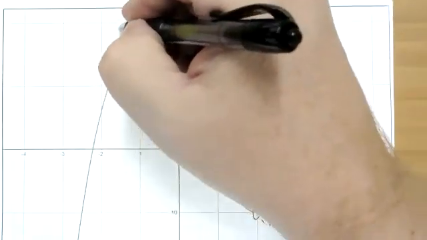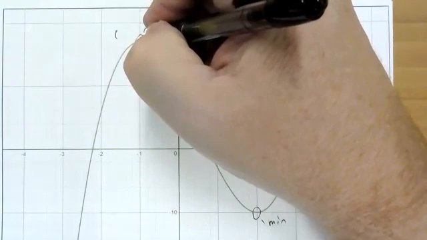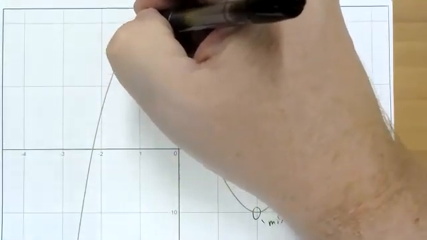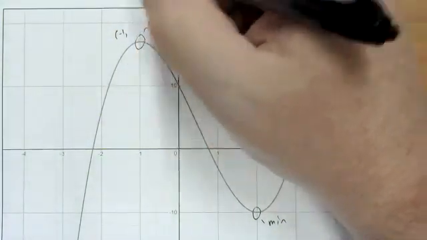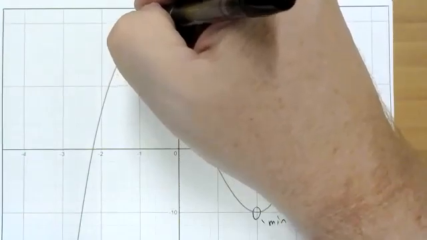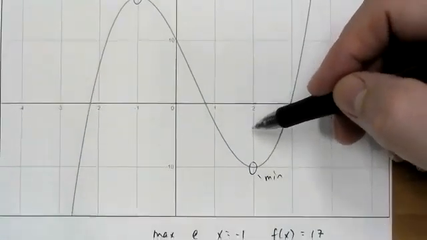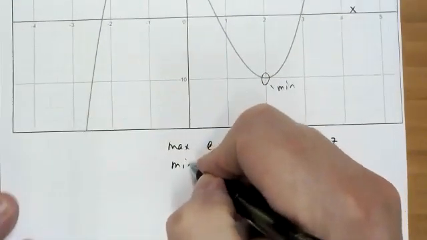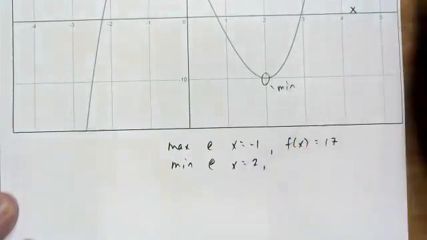So once again, just to be super clear and obvious, basically this point here, x is -1. The function or the vertical value of this point is 17. Now here's my minimum. What's the value of x at the minimum? Value of x is 2. So I have a minimum at x equals 2.